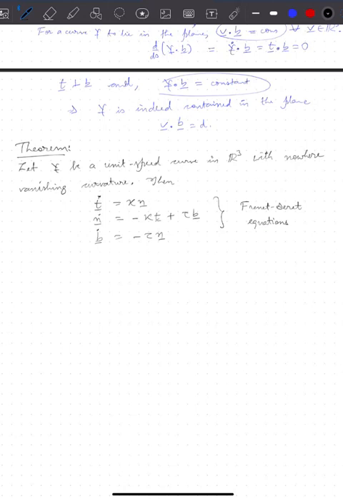So these equations, as we recall, are known as the Frenet-Serret equations. And we also know that they can be written in matrix form, as t dot, n dot, b dot equals the matrix with rows 0 kappa 0, minus kappa 0 tau, 0 minus tau 0, times t, n and b.